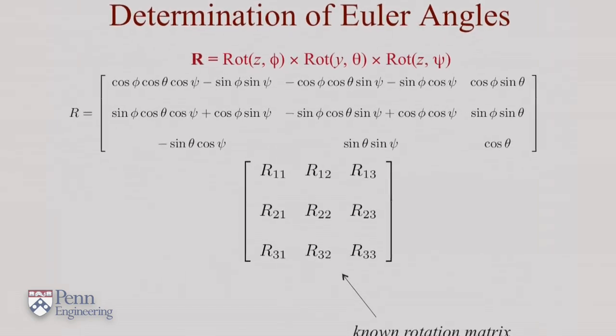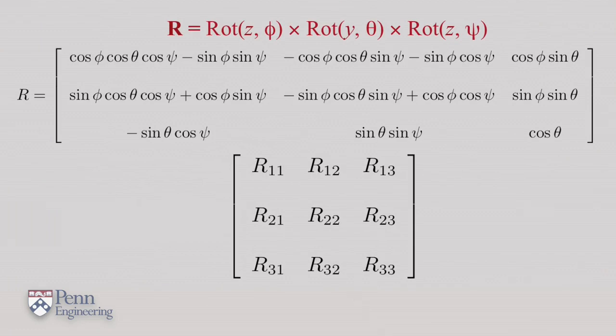In order to do this, I can write out the result of the multiplication of the three rotation matrices, the rotation about the z-axis, followed by the rotation about the y-axis, followed by the rotation about the z-axis. The first one through phi, the second one through theta, and the third one through psi. And then I can equate these two.